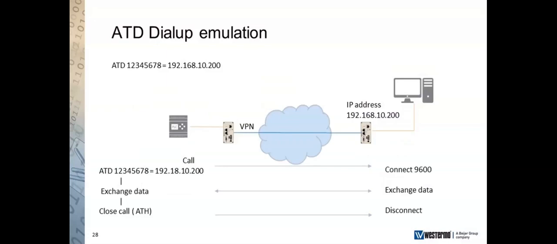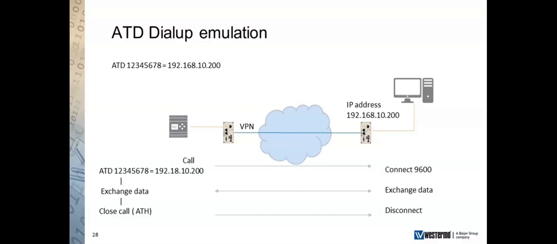That IP address is used to connect to the router at the other side, and establish what's called a socket, over the VPN. Once that socket's been established, it allows the exchange of data in the normal way, and then the call can be closed in the same way, with ATH for hang-up or hardware handshake lines being toggled to disconnect.